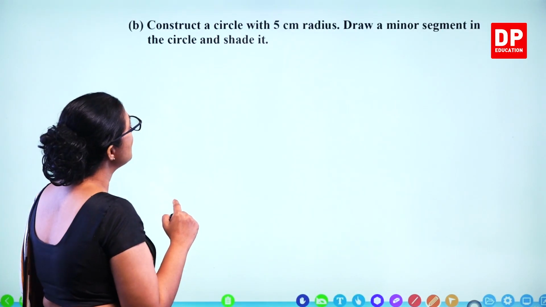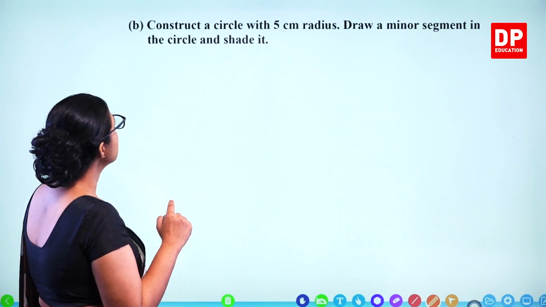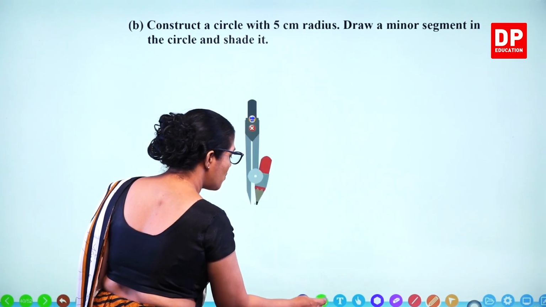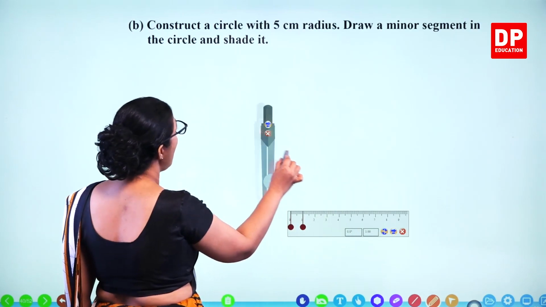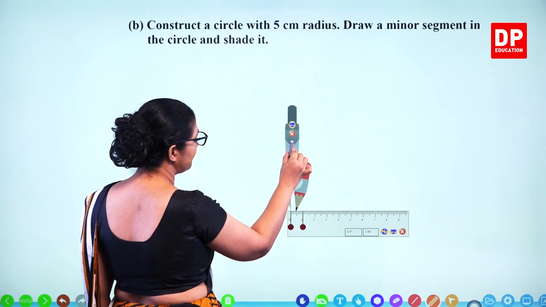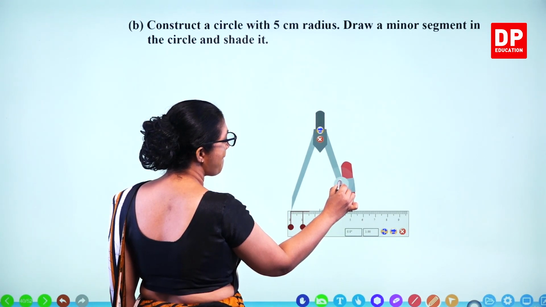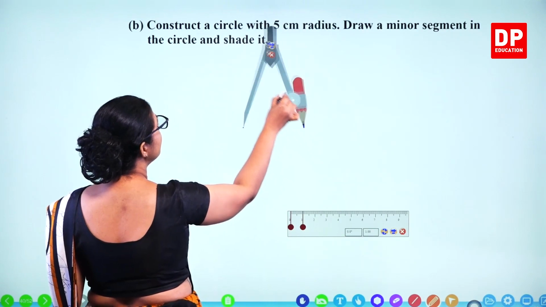Construct a circle with 5 centimeter radius. Draw a minor segment in the circle and shade it. So you have to take the ruler and the compass because we need to measure 5 centimeter length. Measure 5 centimeter and then you can draw the circle.